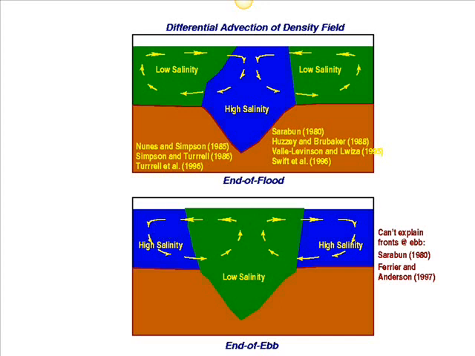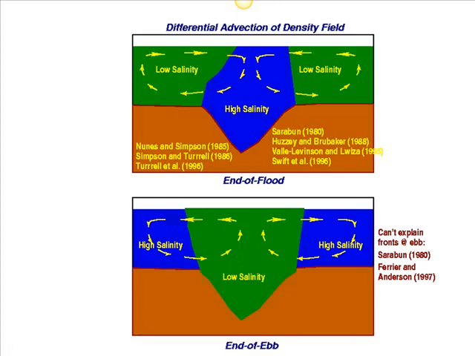So there's less advection of salinity, and the salinity will be relatively higher. That is using the same arguments that we've used for the flood periods. So during ebb tides, you'd have a divergence at the surface. So by this mechanism, you wouldn't have front formation during ebb tides, because you'd have divergence at the surface.